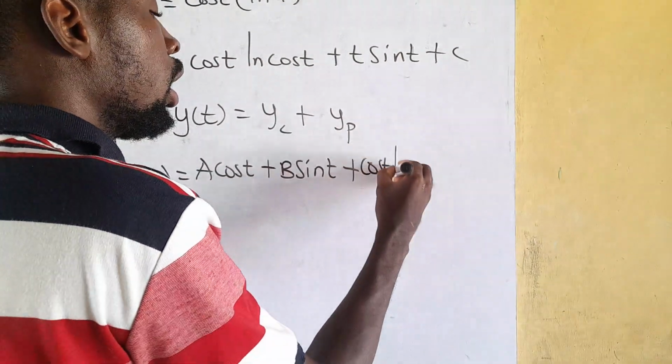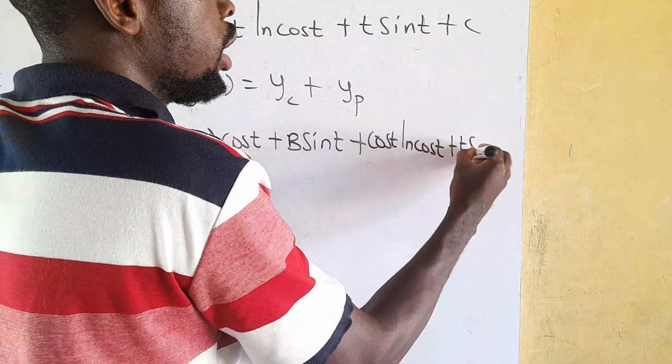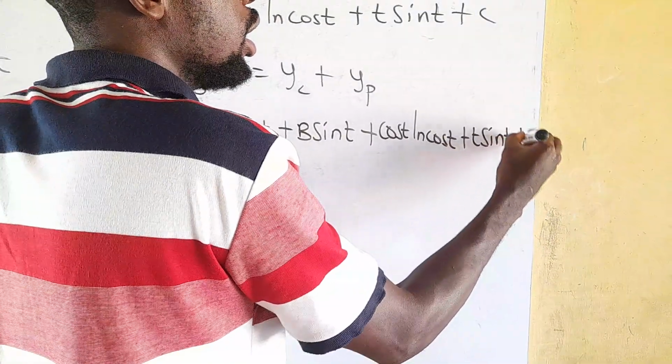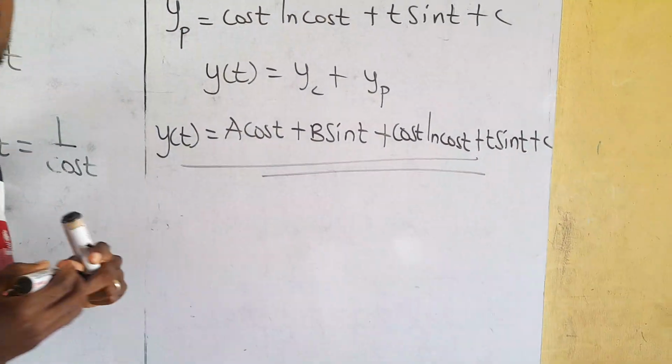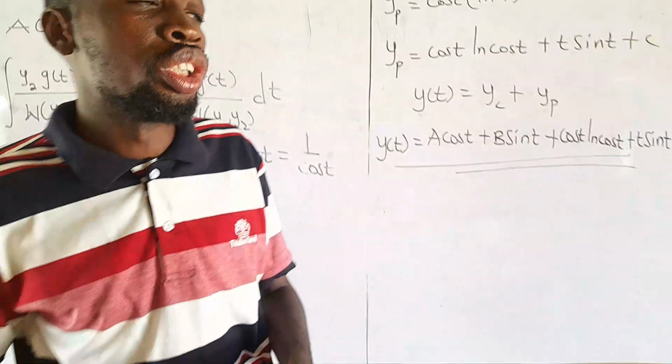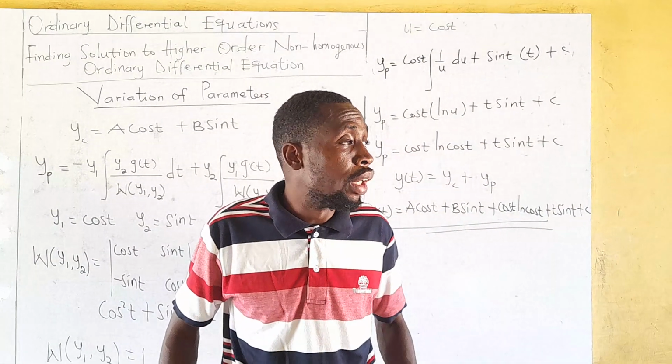Cos t ln cos t plus t sin t, then plus our c. Then this becomes the general solution to our differential equation. I hope you get this. Please play over the video and you'll be more abreast with it.